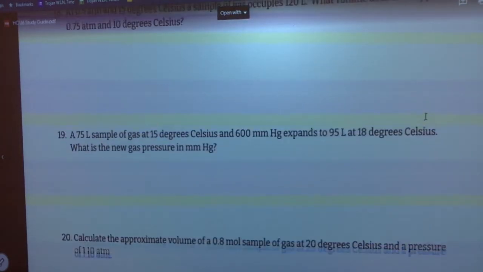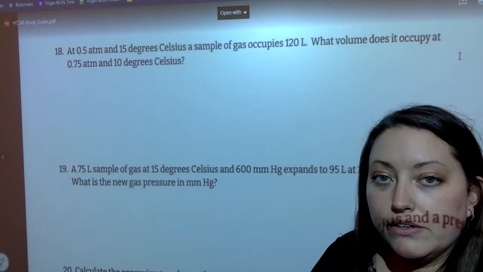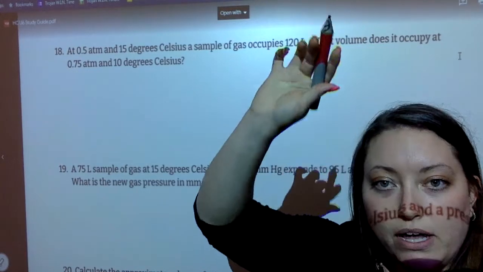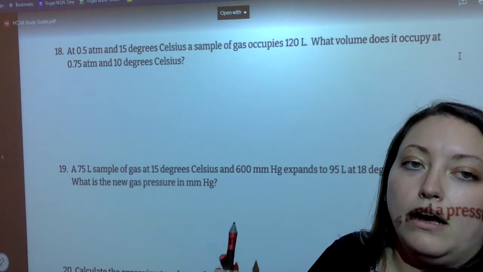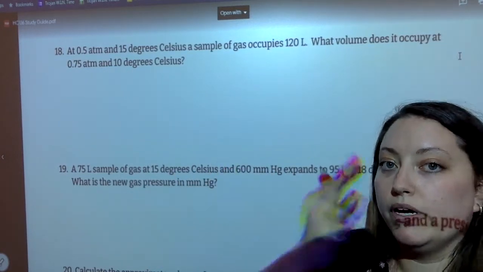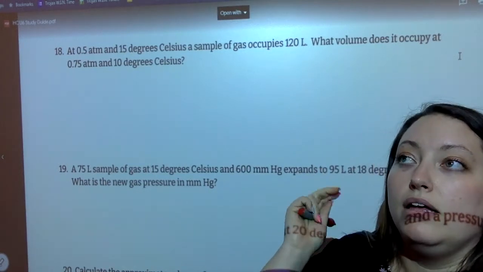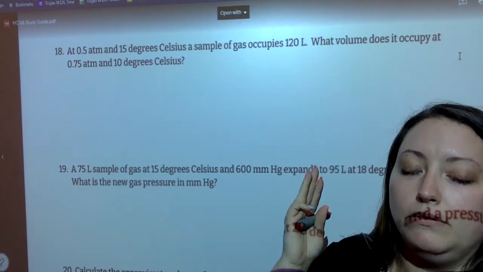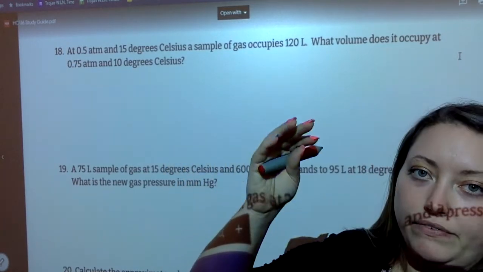Let's go down to, let's see, we can do 18. All right, so 18 is going to be the ideal gas law, not the ideal gas law, scratch that. 18 is going to be the combined gas law because we're still talking about a before and after situation. That's how you know when you're going to use Boyle's law, Charles' law, Gay-Lussac's law, or the combined gas law, if you have a before and after scenario.